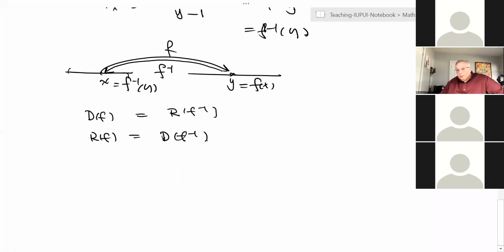Another important property is, since y equals f of x, then x is going to be the inverse of y.